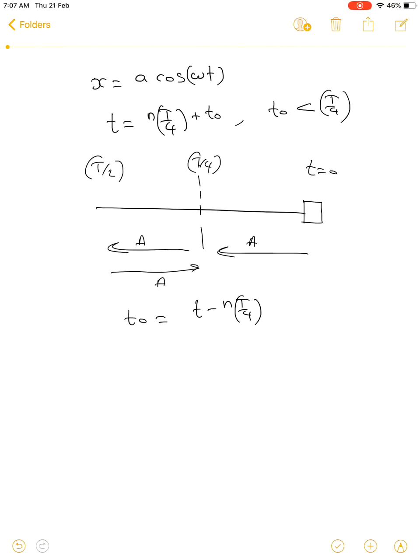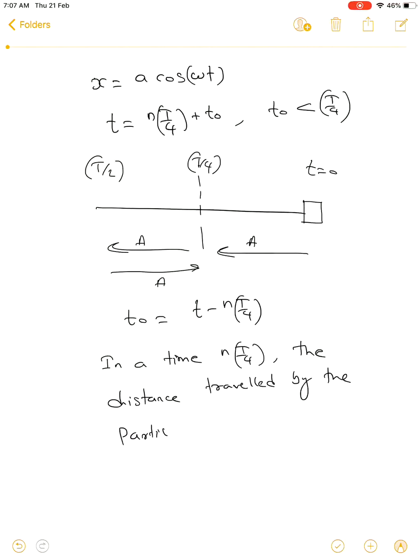Now in a time of n times T/4, the distance traveled by the particle will be n times its amplitude, na.